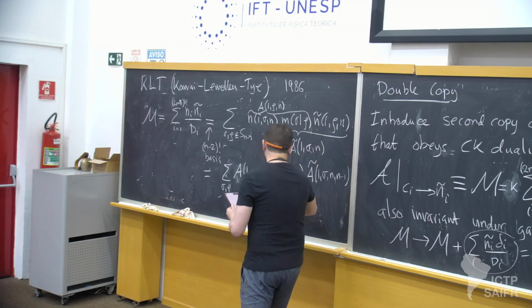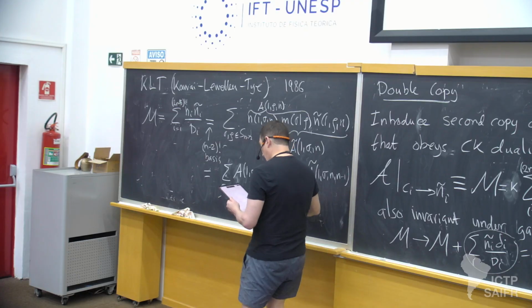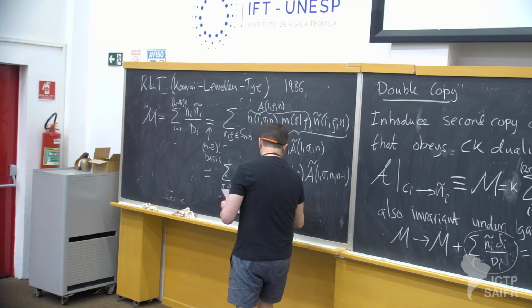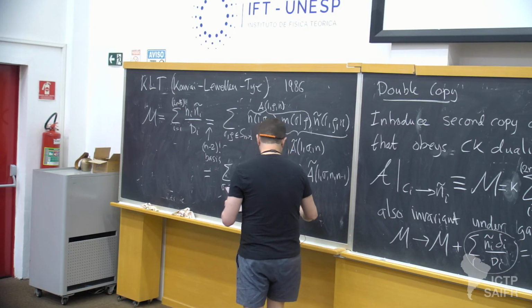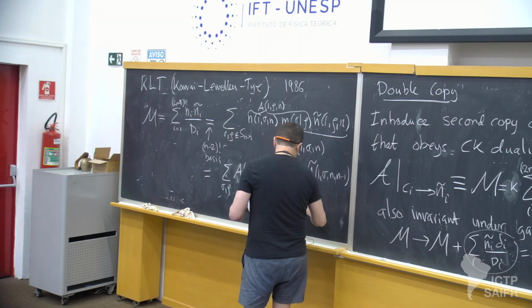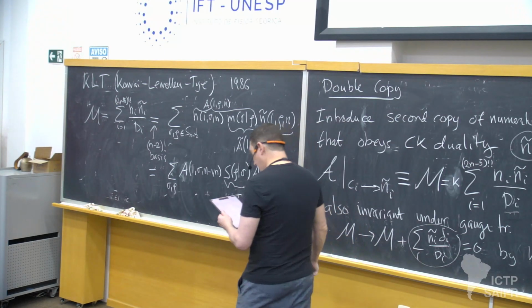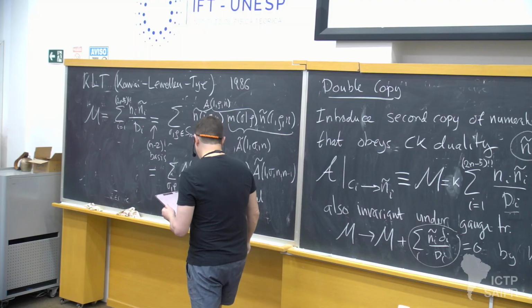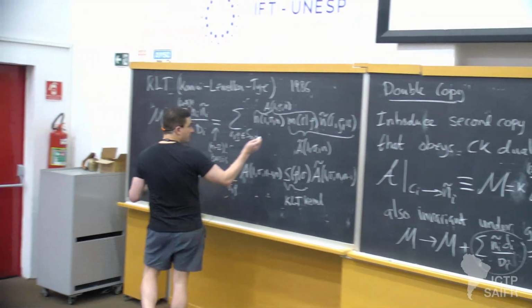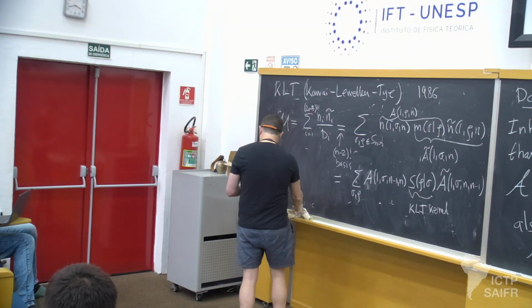This is called the KLT kernel. It's a matrix. And in fact, the KLT kernel is the pseudo inverse of this other matrix.